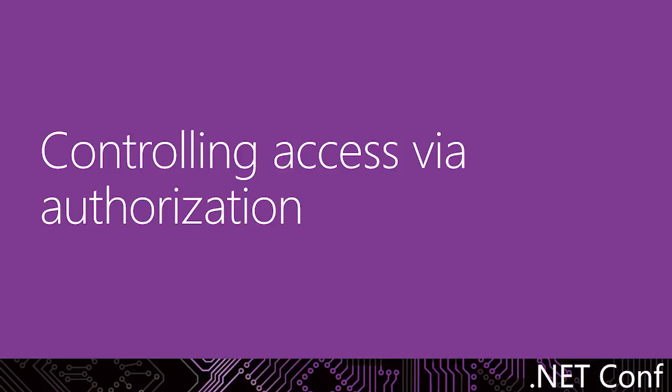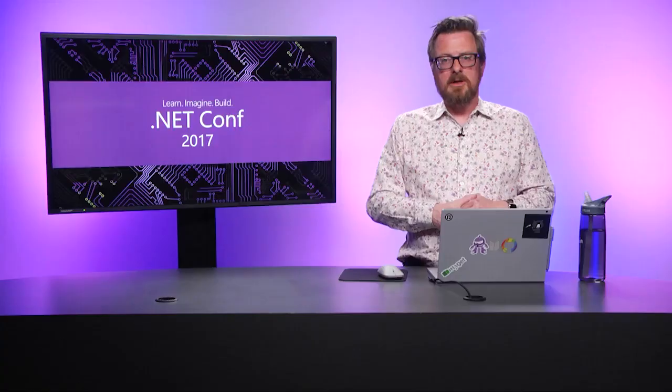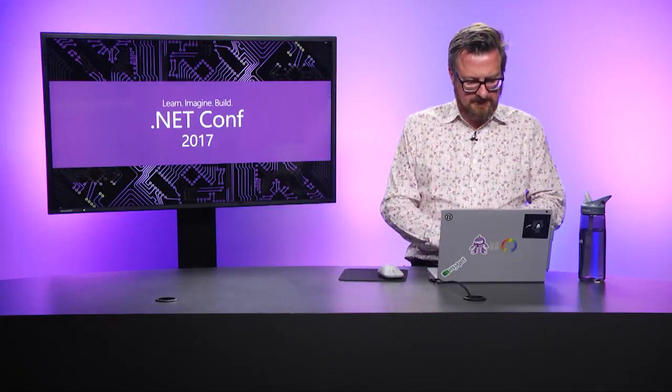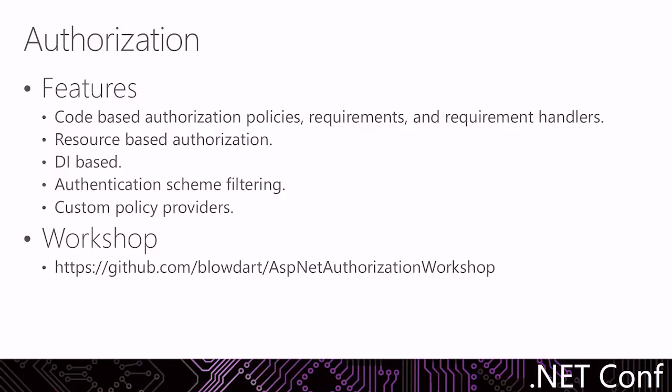So we've now got a user's identity, whether it's the old way or the new way. So we're going to talk about how we control access. And this is authorization. Lots of people try to extend authorization in the .NET framework, and it was not a pleasant experience for anyone.